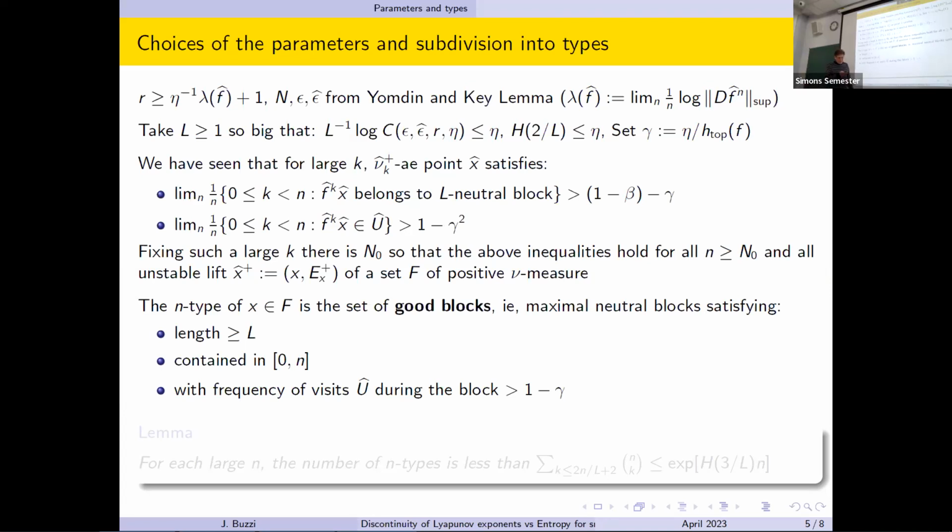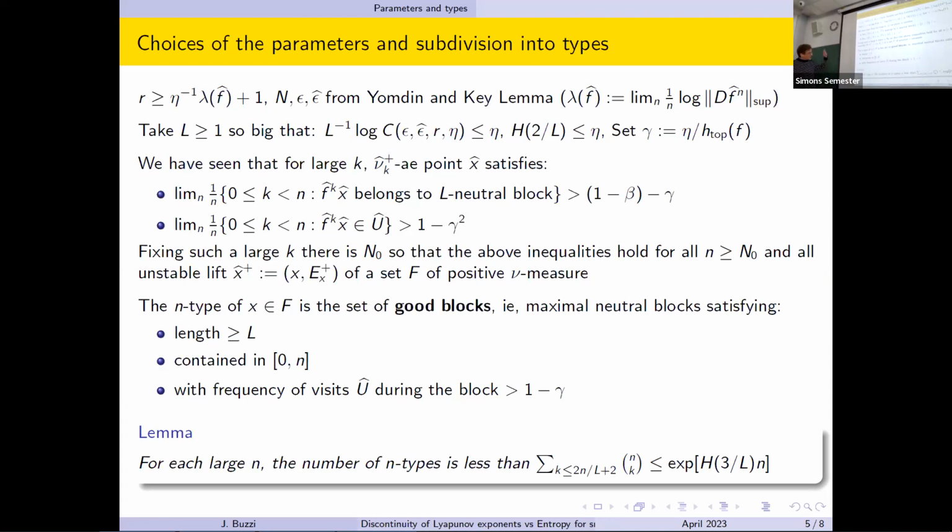The good blocks are the maximal neutral blocks of big lengths as usual, but with the extra condition that we need in the key lemma, that the visits to this mysterious set U hat really do occur with frequency close to 1. This is exactly the condition that we need to apply the key lemma to this.